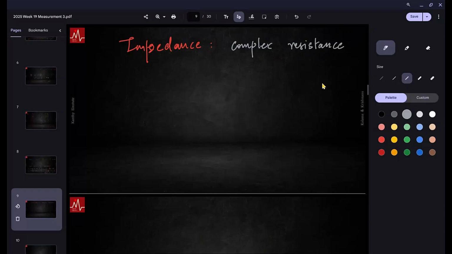This is essentially V by I. Resistance is voltage by current. But still, this is voltage by current, but this is complex, that is, it involves complex numbers and is a function of frequency. The relation between voltage and current depends on what frequency you are working with. Frequency f is there. I'm going to put omega.